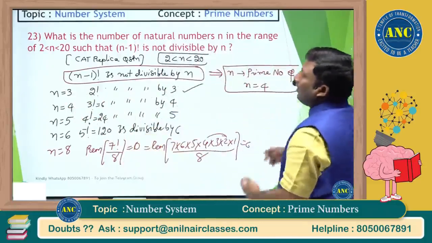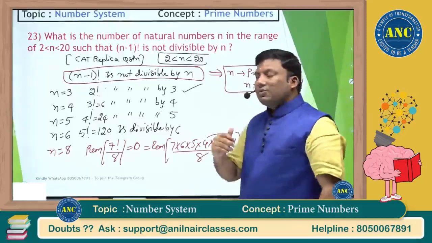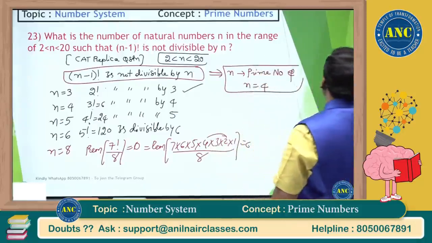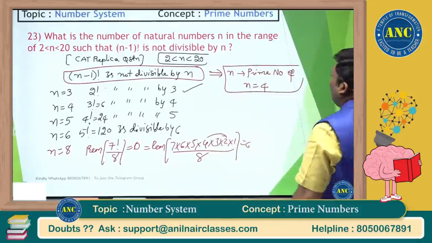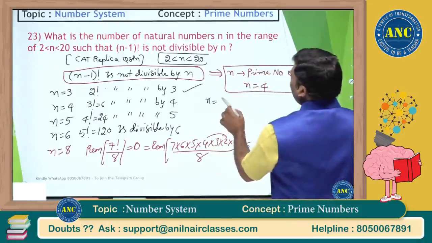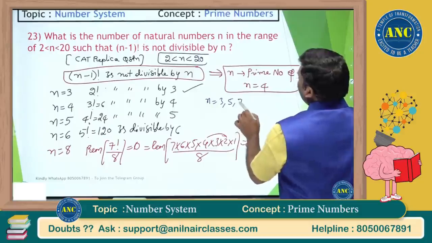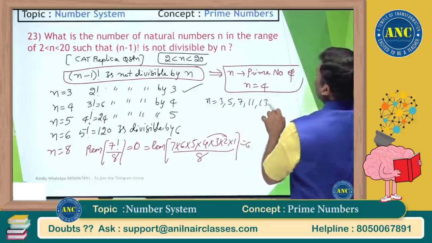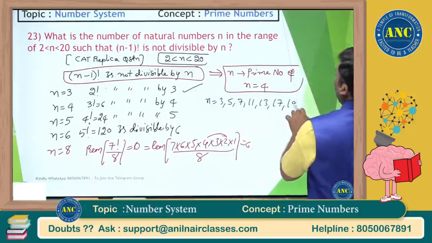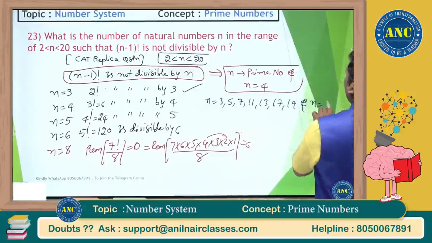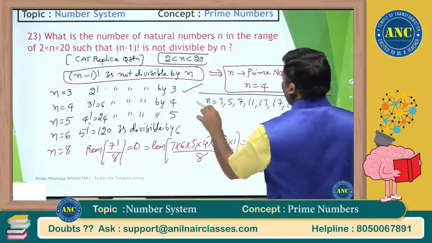(n minus 1) factorial is not divisible by n only when n is a prime number, and n equal to 4. What are the prime numbers from 2 to 20? 3, 5, 7, 11, 13, 17, 19, and n equal to 4.